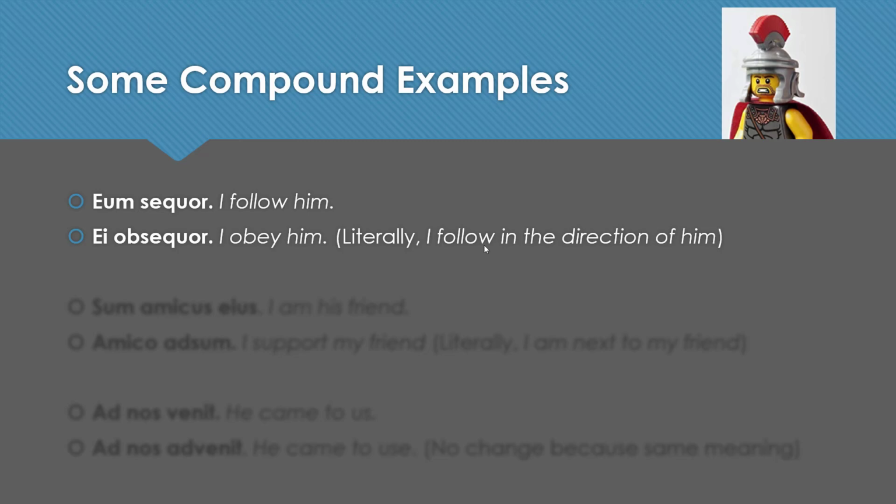Obey means following directions, a different meaning. And so instead of eum, it's ei, it's dative. Literally that means I follow in the direction of him, or because of him, in reference to him. And that's where you're going to see it.